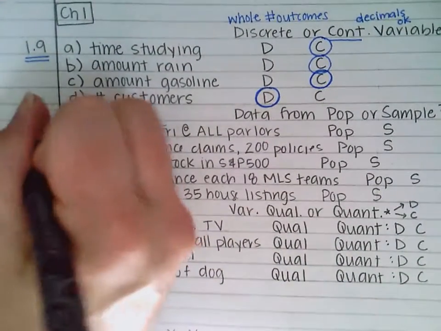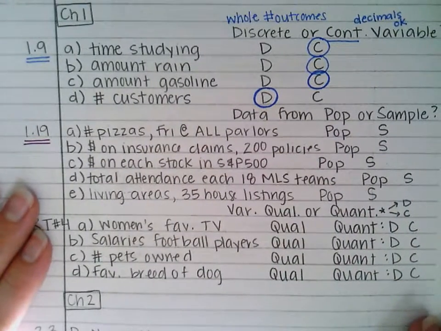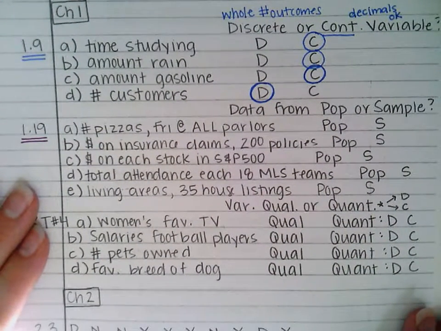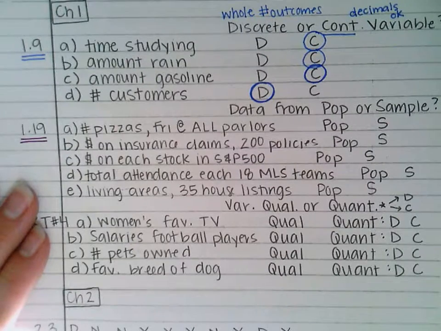On question 1.19, we want to know, is this data from a population or from a sample? So population is like all of something and a sample is just a subset of it. So the first question here is the number of pizzas on a Friday night at all the pizza parlors in a certain city.